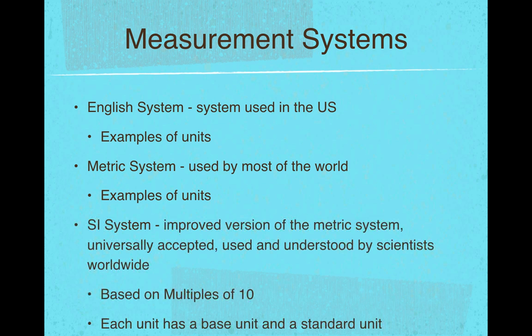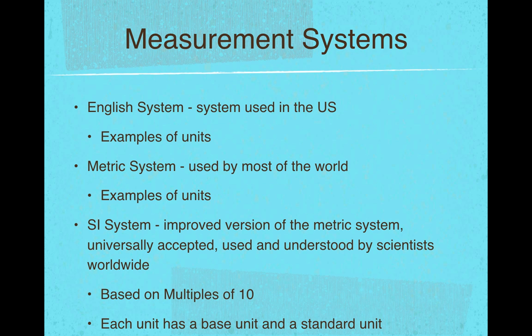So the SI system, which is used in science, stands for Système International, which is French, and is the improved version of the metric system. It's universally accepted worldwide, and it's used and understood by scientists. That means a scientist doing research here in Wisconsin can communicate with a scientist in Paris, France, who can communicate with a scientist in Tokyo, Japan. And that language is understood by all of them.